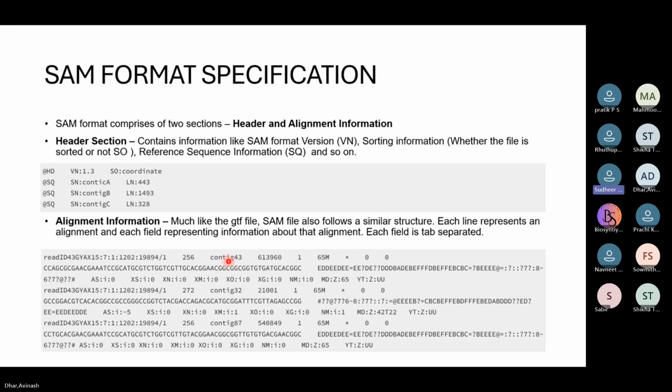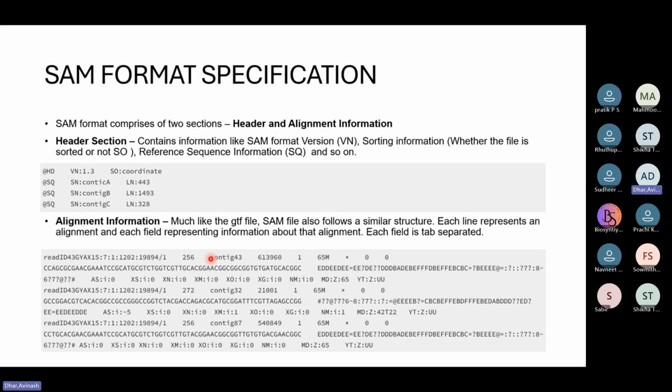Adapter? No, not adapter. So the third column here. What are we aligning our read against? We are aligning it against a reference, correct? So where in the reference is it aligning? That information would be present here.